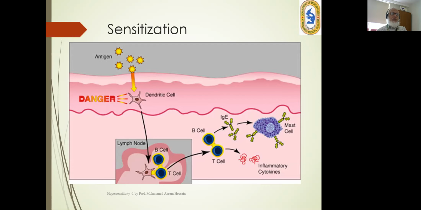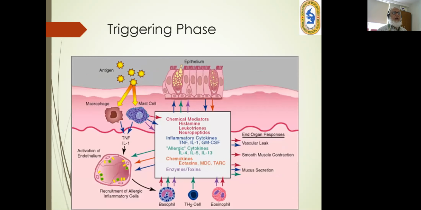It will go to the B cell, and this B cell will produce an excessive amount of immunoglobulin E. This immunoglobulin E, immediately after production, goes and binds to the mast cell, but there will be no clinical sign or symptom.